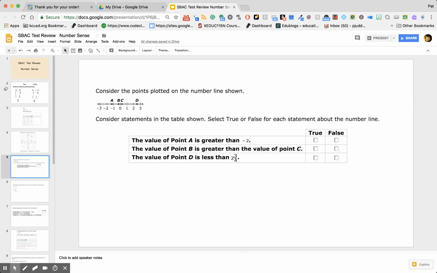This is saying the value of D is less than 2 3/4. So pause the video here. Take a minute and a half to consider each of the statements and decide if it is true or false. And then check back in when the minute and 30 seconds is up.